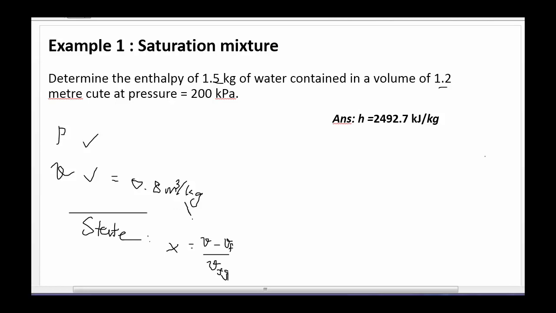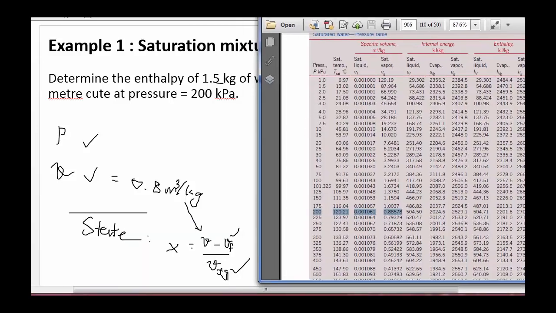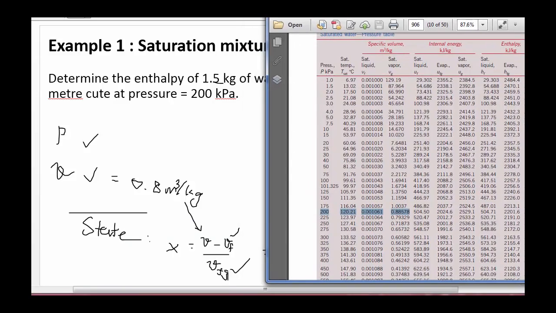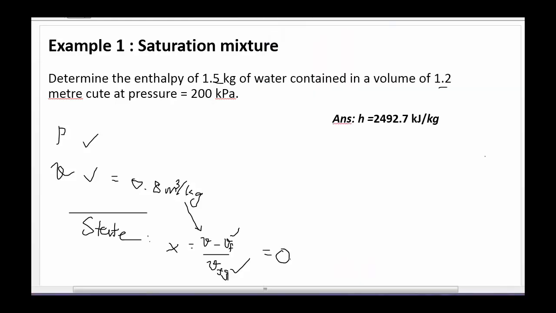And this is 0.8. This is from your table. This is also from your table. So pressing your calculator, you should get, try 0.8 minus 0.001061, divided by the difference, 0.88578 minus 0.001061. I get 0.9030.